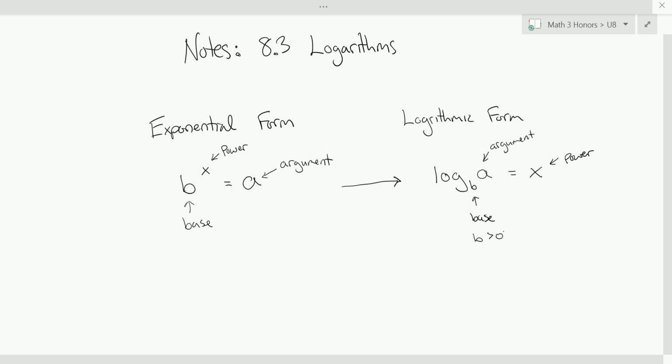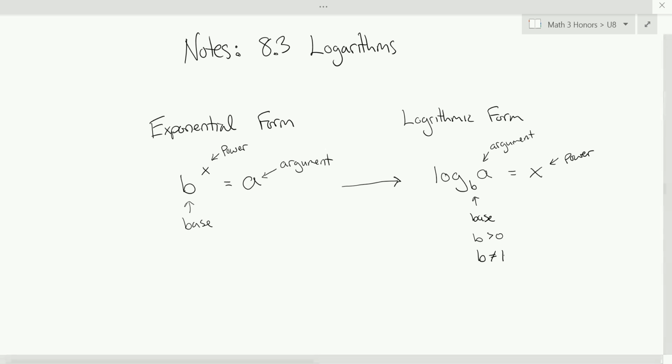And also, it's not very interesting if our base is 1, because 1 to any power is going to be 1. So we're going to say our base has to be a positive number. It can't be 1. Some of you are saying, well, why don't you just say 2 and above? Well, it could be a fraction. It could be 1/2. It could be 0.3. It could be irrational.